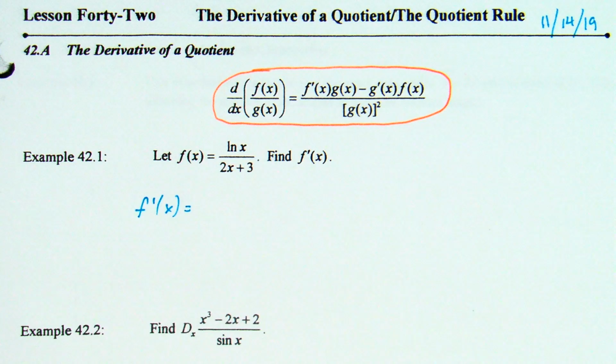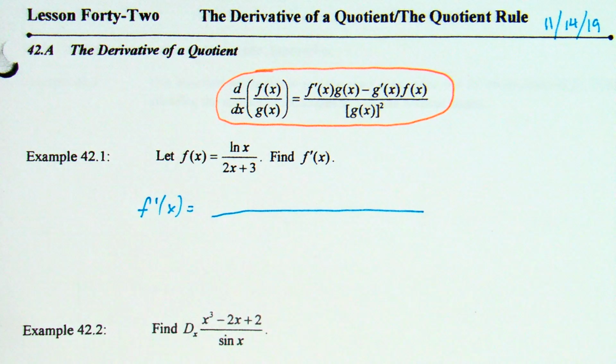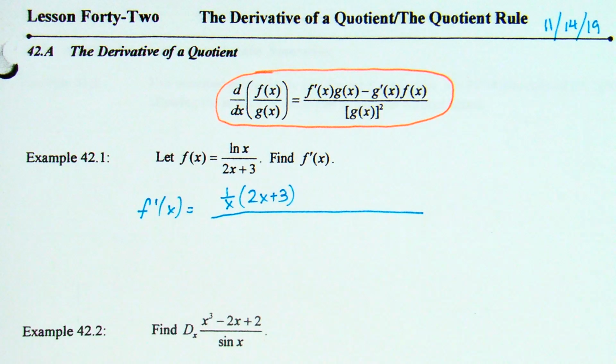Okay, derivative of the top, 1 over x, times the denominator. So times 2x plus 3. Minus, and now flip what you're doing.